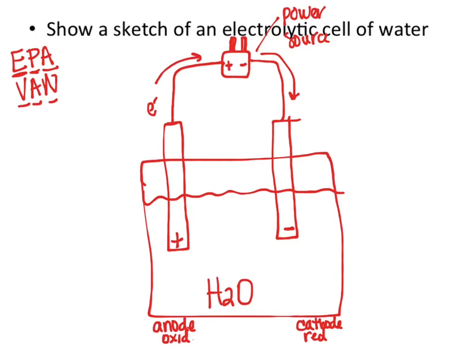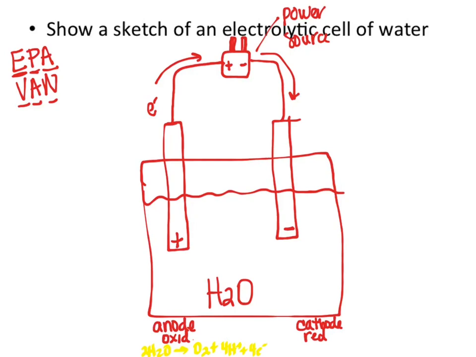Okay, so when water is being oxidized, what happens? We have water going to oxygen plus our 4 H pluses and 4 electrons.